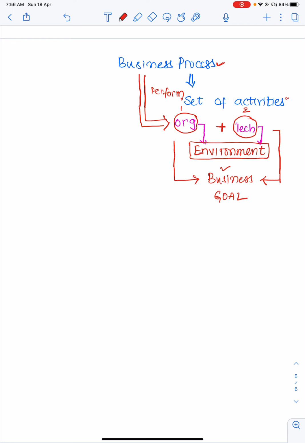Now we have certain steps that are required to manage a business process. To manage a business process, we have three steps.